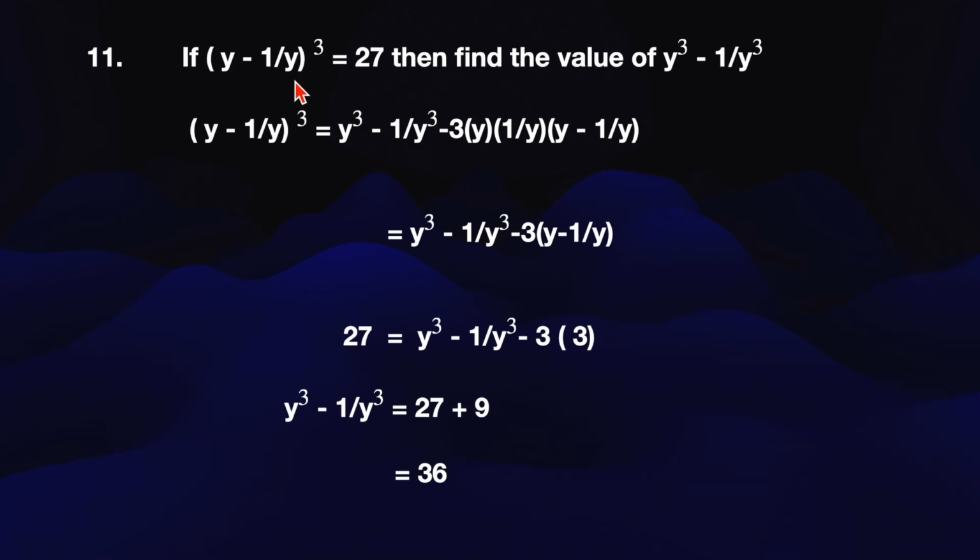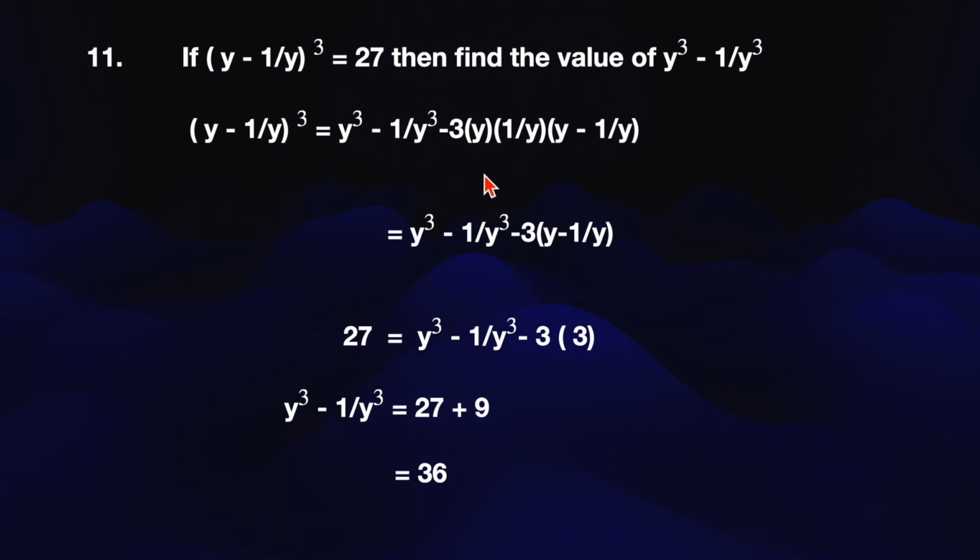If y minus 1 upon y whole cube is 27, then find the value. Okay, first write down the formula. See, y minus 1 upon y whole cube is equal to y cube minus 1 upon y cube minus 3 into y into 1 upon y into y minus 1 upon y. Okay, now y into 1 upon y will cancel.